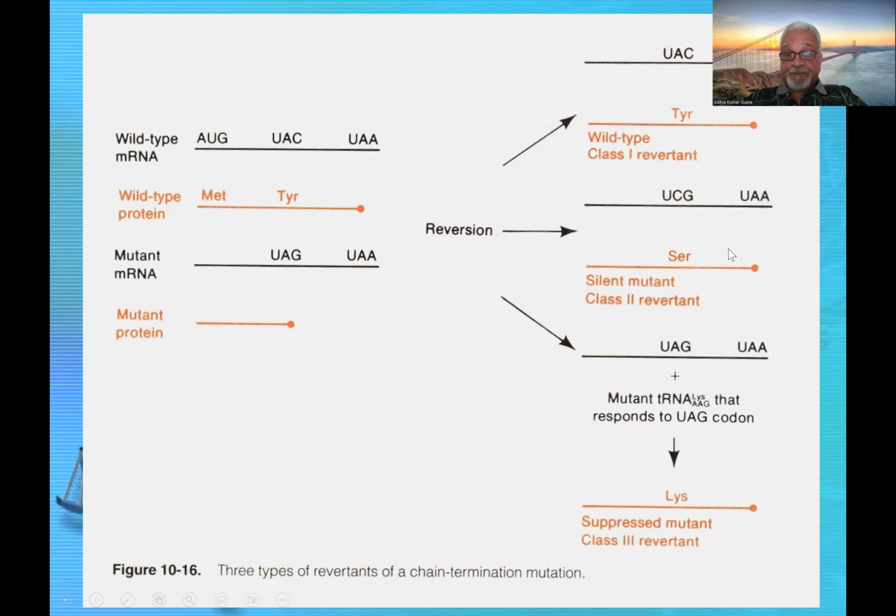Now, second, this is not getting converted into UAC, but it becomes UCG. Okay, UAG becoming UCG. It means this mutation stays as it is, but A is getting mutated to C. So the original mutation is staying there. It's not changed. Okay, but this is converted to C. As a consequence, this codes for another amino acid we call serine.